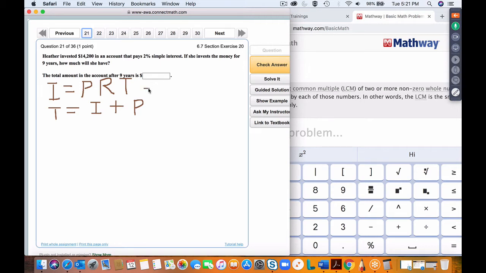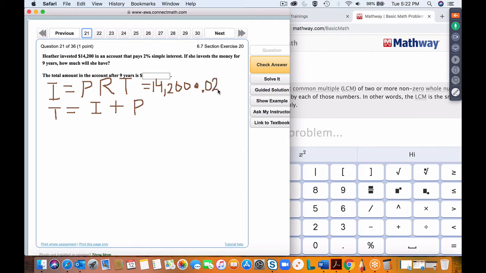So this is equal to 14,200. Then you say times, so this means multiply, 2%. Notice that 2%, you have to change to a decimal. You cannot work with it as 2%.